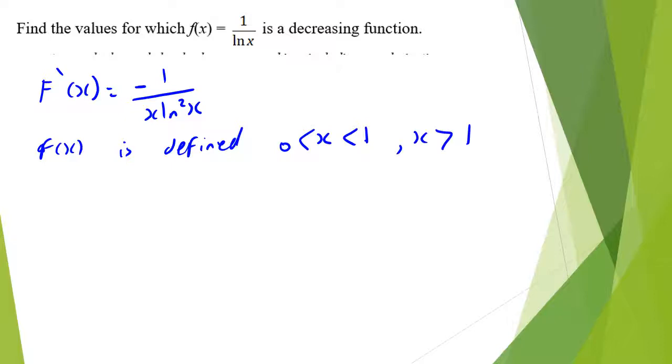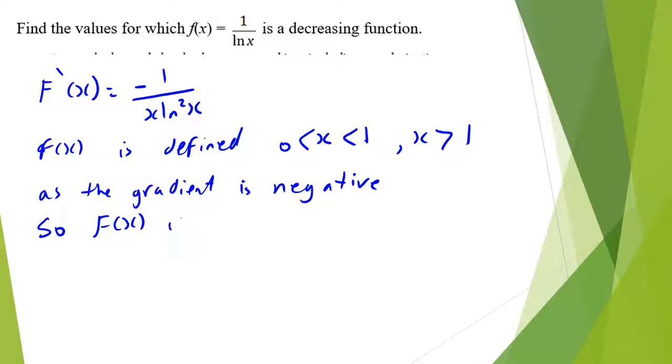And because it's positive numbers and the gradient of the function is negative, f(x) is decreasing for those values.